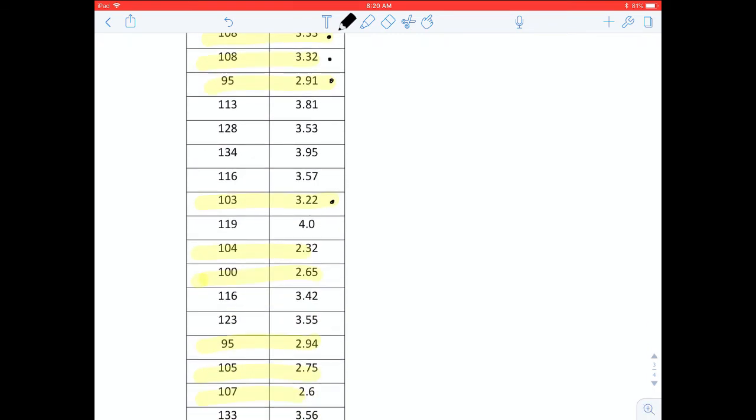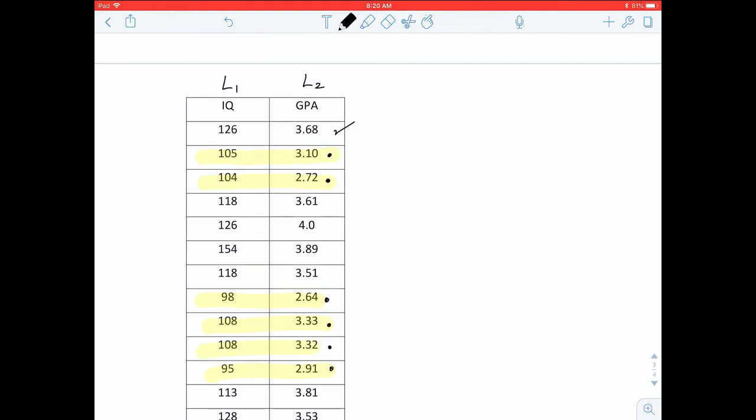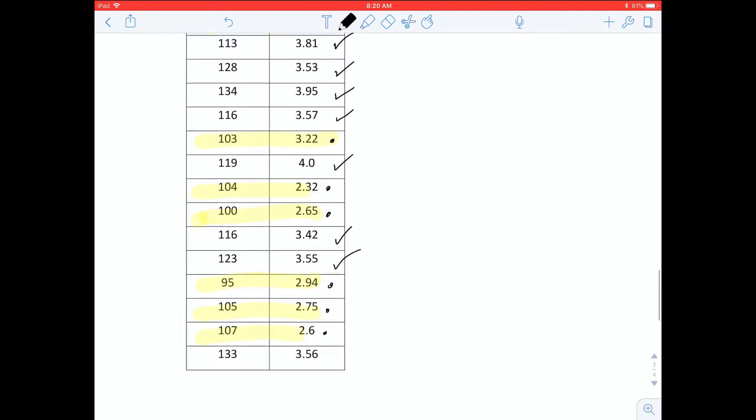So all the ones that have been highlighted yellow, you put their GPAs in a list, and then you find the average GPA. Then for all the ones that have not been highlighted, you put their GPAs in a different list, and find the mean and standard deviation.